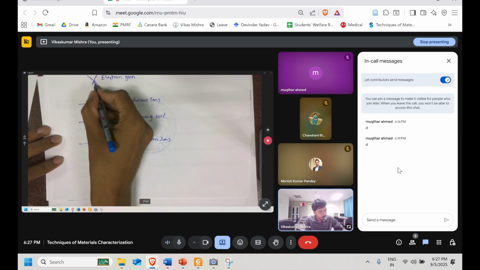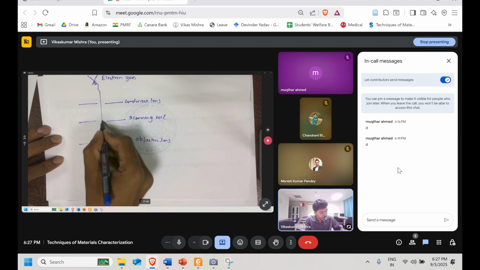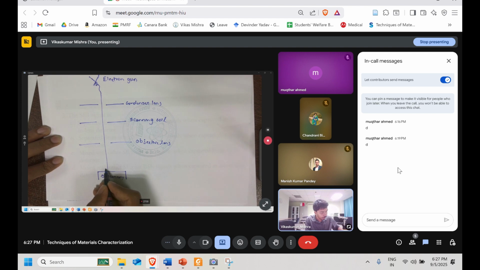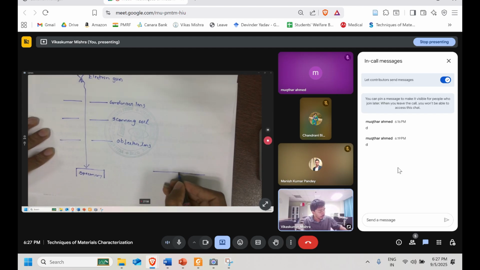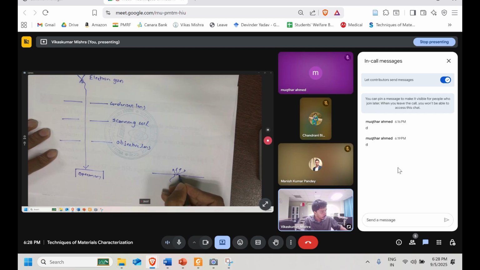Right. Now when the electron beam, the primary beam, comes from the gun, it is going to interact with my specimen, so it will generate signals. Let's say this is my interaction volume.